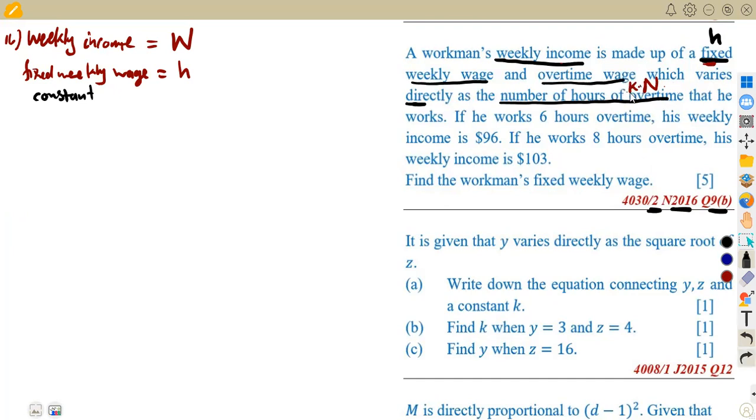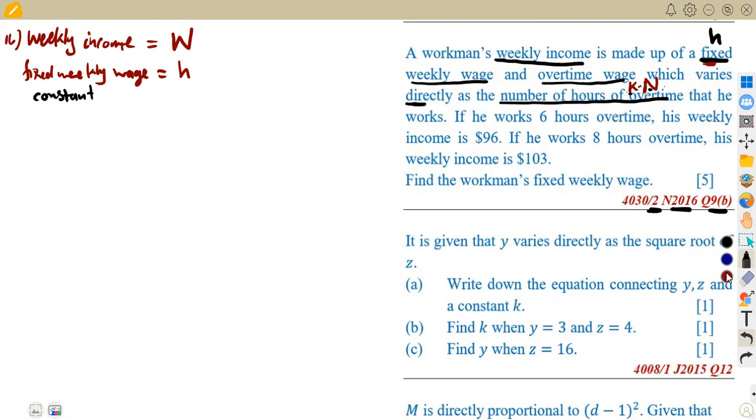The amount is affected by N, the number of hours. So this K is a constant again. It is not changing. The amount later is going to change because of the number of hours. So this K is the one representing the overtime wage.